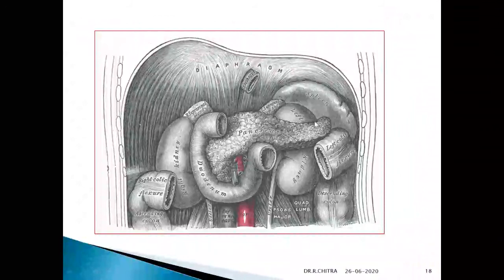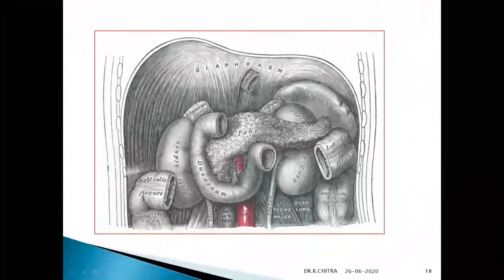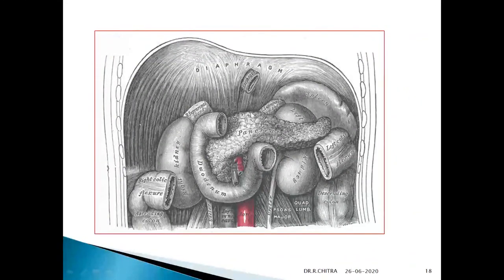Posterior surface which we are not seeing, but you can see behind what are present: abdominal aorta, left crus of the diaphragm, left suprarenal gland, left kidney, left psoas major. So all these form the posterior relations of the body of the pancreas.